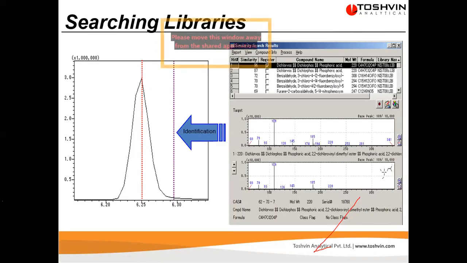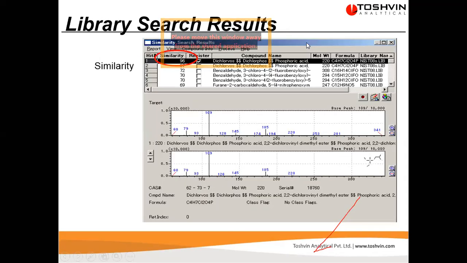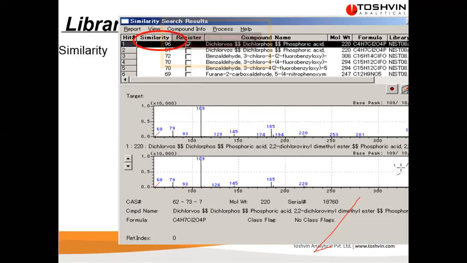Searching libraries. When we do scan analysis, we get this kind of peak. We need to click at the center of the peak, and when we compare it with the library, you will get this kind of window. So I'll just zoom in.